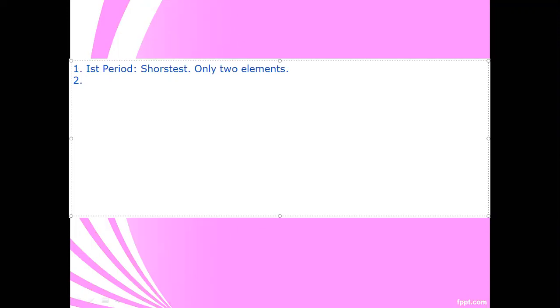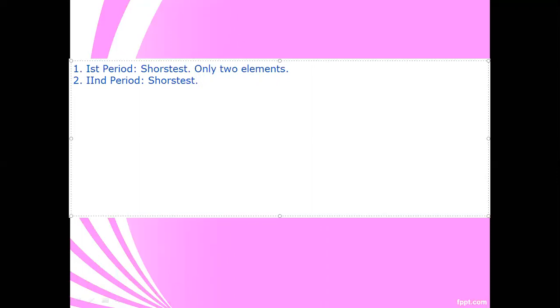The next one is the second period. This is also a shortest period. The atomic numbers are 3 to 10, that is lithium, beryllium, boron up to neon.